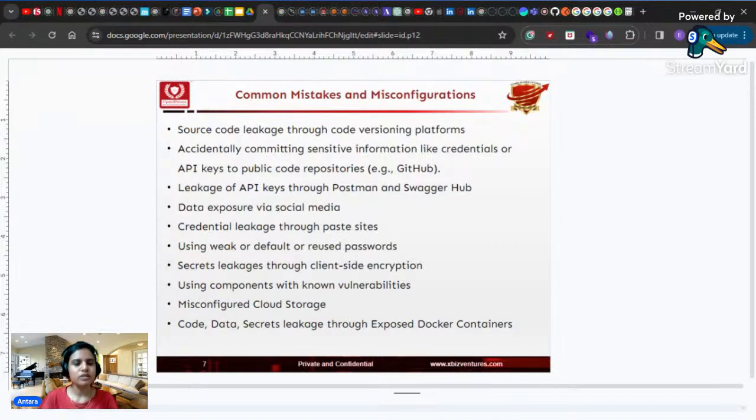Another one is using components with known vulnerabilities. This particular misconfiguration was pretty much booming in the past, in 2021, 2022 as well, and in 2023 as well. I have also delivered one topic on software supply chain attacks that covers this at a larger scale.